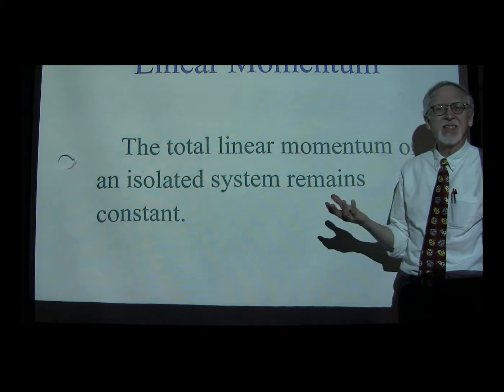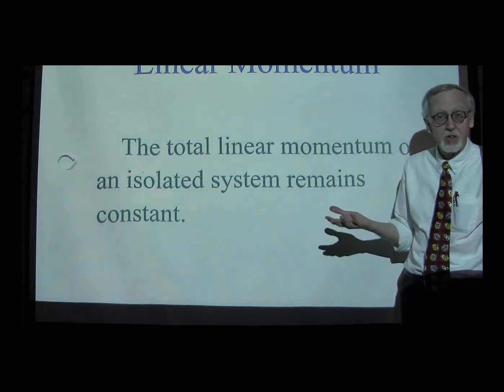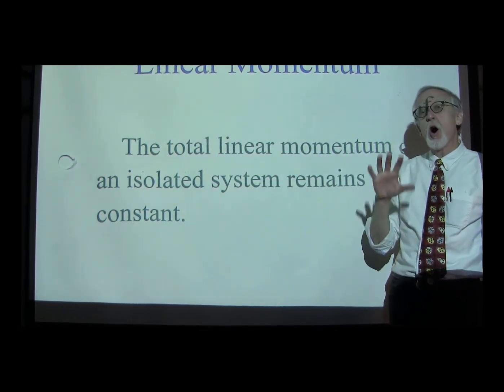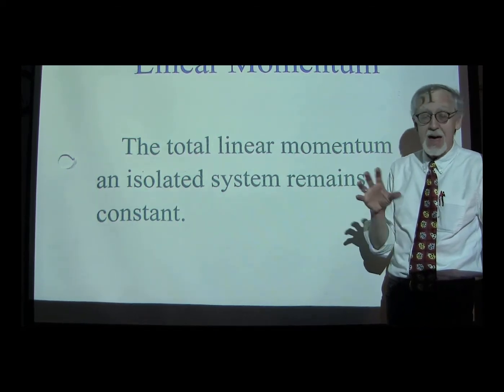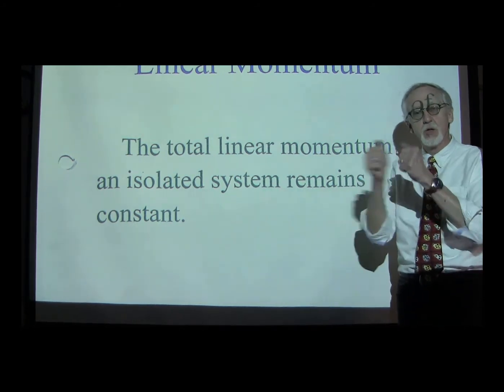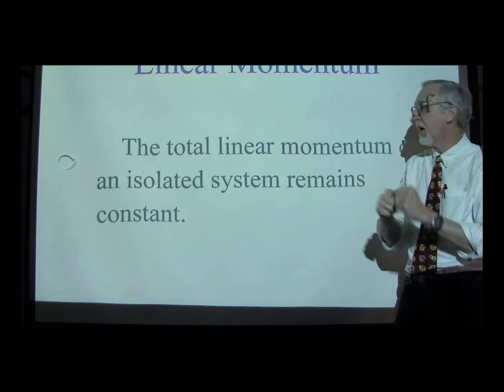Now we've been talking about, say, two objects colliding, but you could have three or four or more or even just one. An isolated system means that we're ignoring all external forces acting on any of the bodies in the system. The only forces we're considering are forces between the objects, forces that one object exerts on one of the other objects.